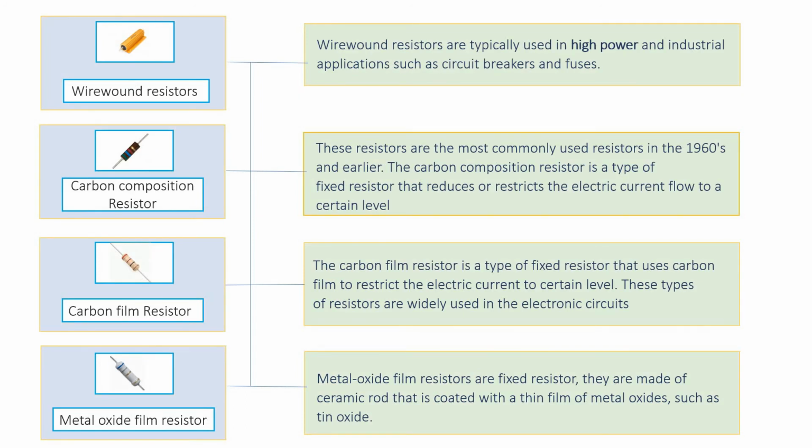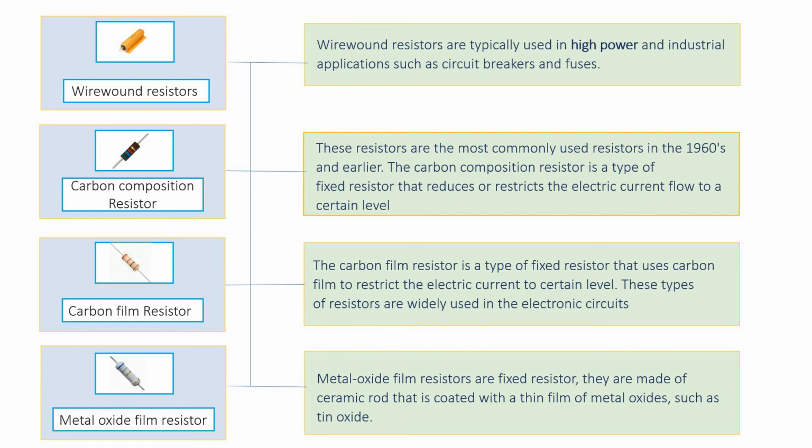Also, we can classify resistors depending on the material and construction: wire wound resistor, carbon composition resistor, carbon film resistor, metal oxide film resistor. Here, wire wound resistors are typically used in high power and industrial applications. Carbon composition resistors were the most commonly used resistors in 1916 and earlier.